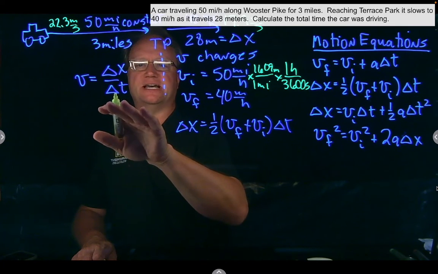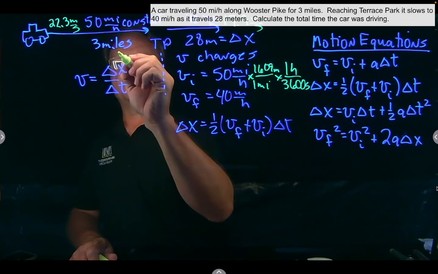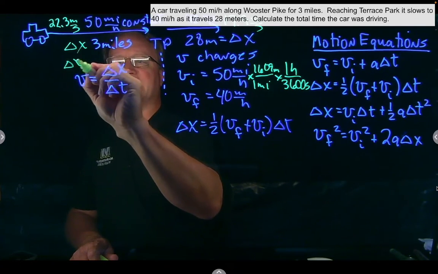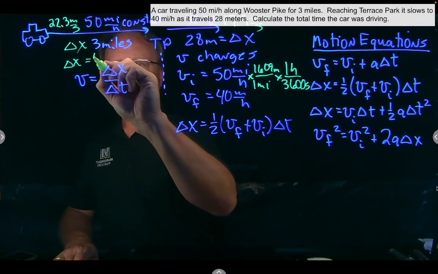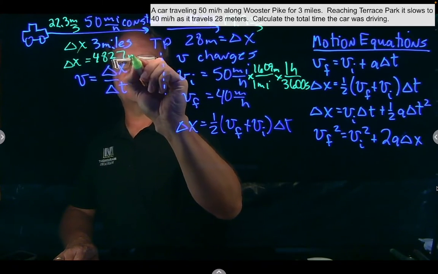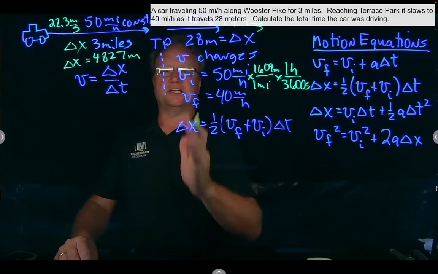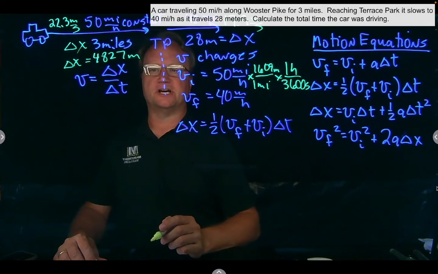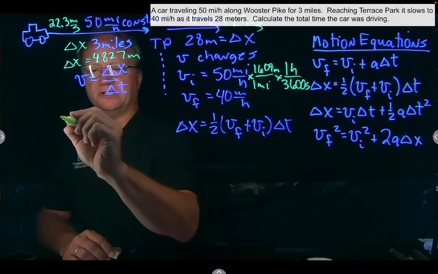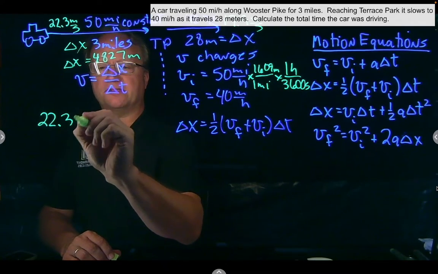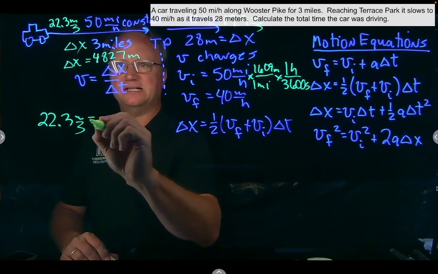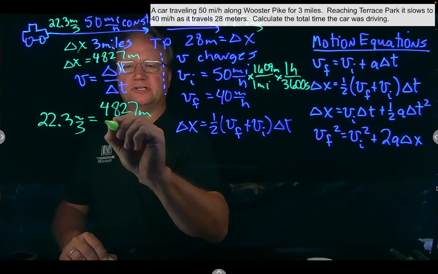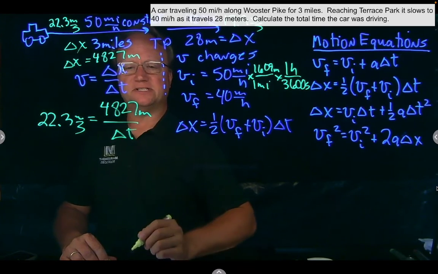We also need to convert the 3 miles over. That's our initial delta x in the first interval. And so multiplying that by 1609, that delta x becomes 4827 meters. So then keeping our two separate intervals, first interval we want to solve down for time. So then this is going to be 22.3 meters per second is equal to 4827 meters divided by delta t.